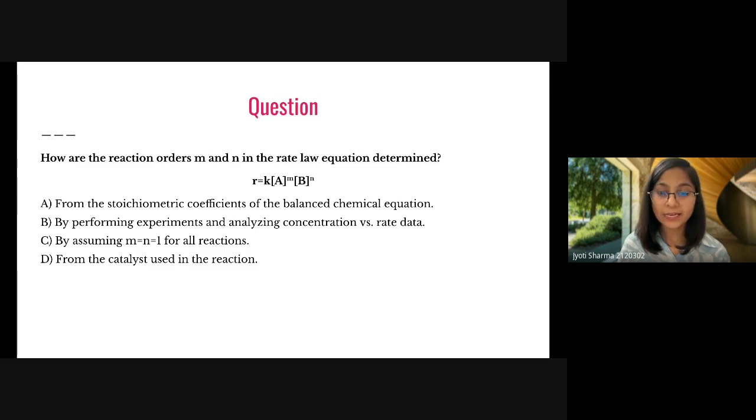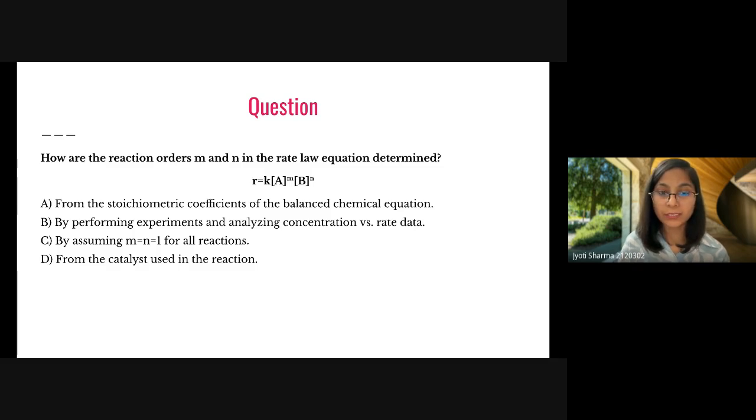So R is the rate of the reaction, k is the constant for this rate, A and B are the concentrations of the reactants, and m and n are the orders. So how can we calculate the orders, that is m and n? This we can't get from the balanced equation, but we have to determine it experimentally.